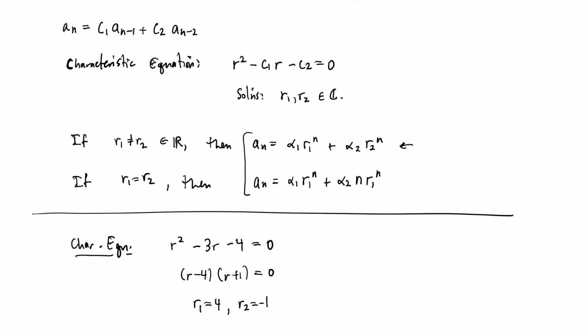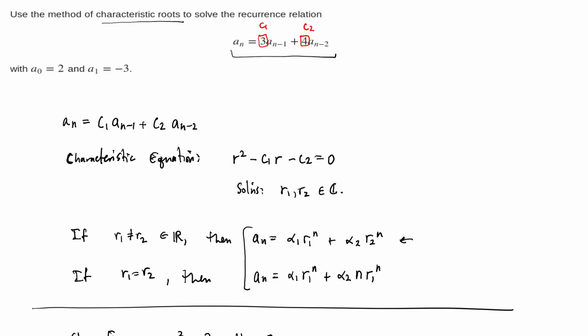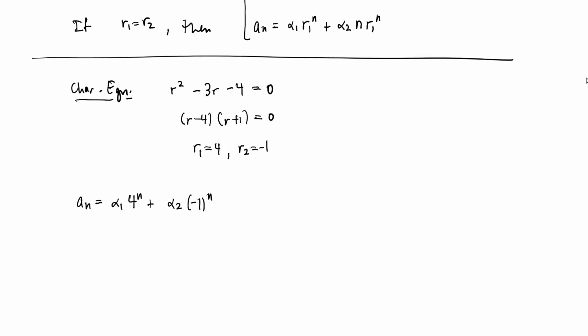The initial data given to us was that a naught is equal to 2 and a1 is equal to negative 3. The first is when n is equal to 0, and the second occurs when n is equal to 1 in our solution equation.